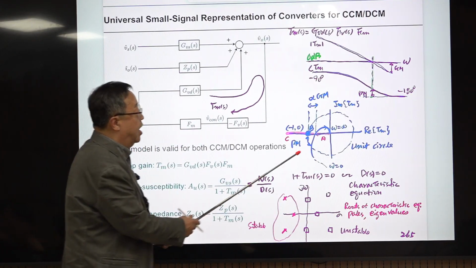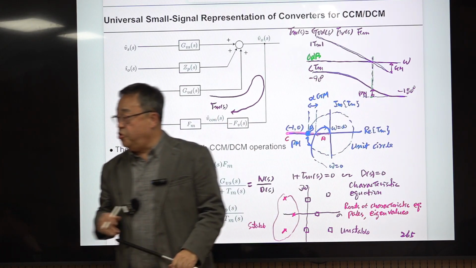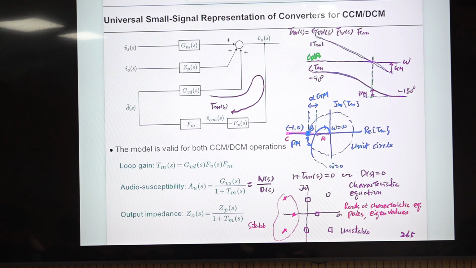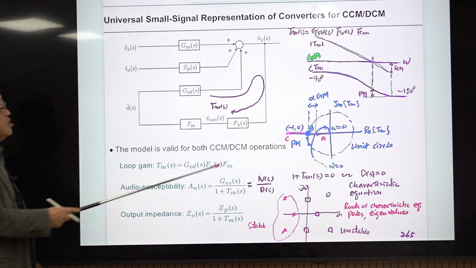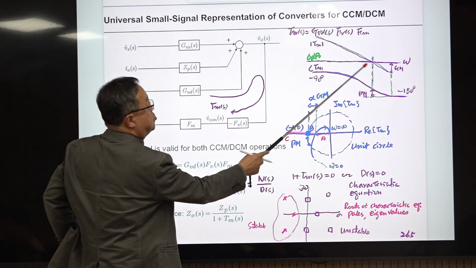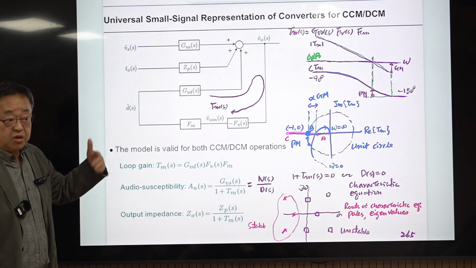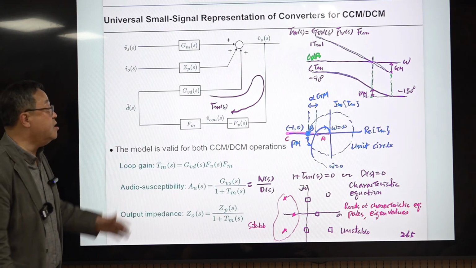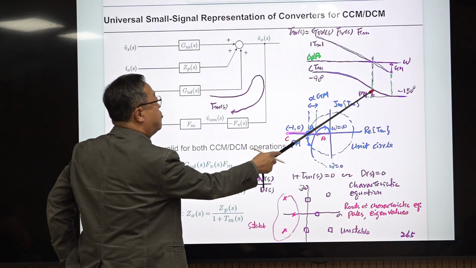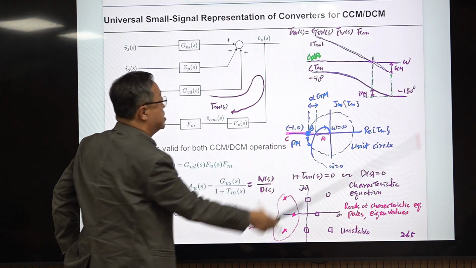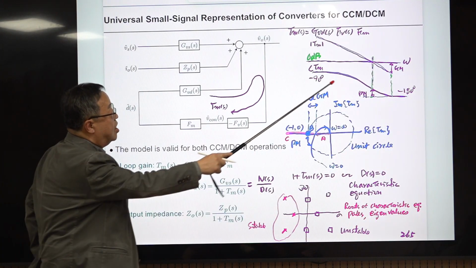And this phase reduces to minus 180 here. Then the distance between 0 dB and the magnitude at that frequency is the gain margin. So this converter is stable with a finite or reasonable phase margin and gain margin. The stability information is here.